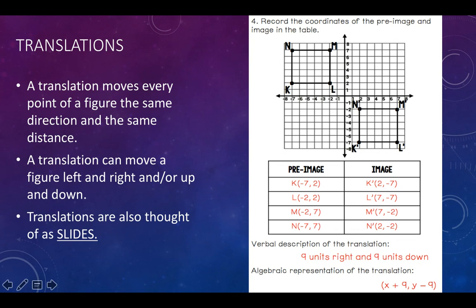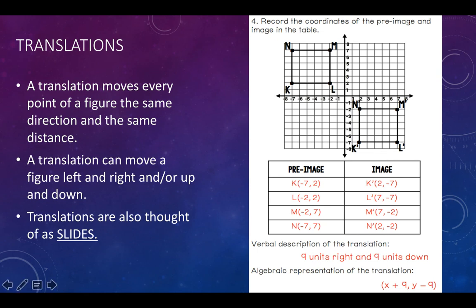So I'm going to look here at my pre-image, NMLK. And what I'm going to do is slide it over and then slide it down. So you have to go left or right and then up or down. So here is my pre-image. Let's look at the verbal description first. We shifted 9 units to the right and 9 units down.